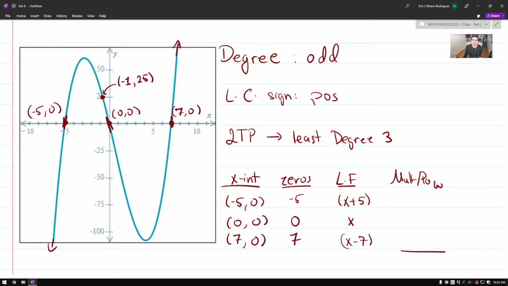So what is the behavior? Let me rephrase the question. What is the multiplicity category, odd or even, for each of these zeros?